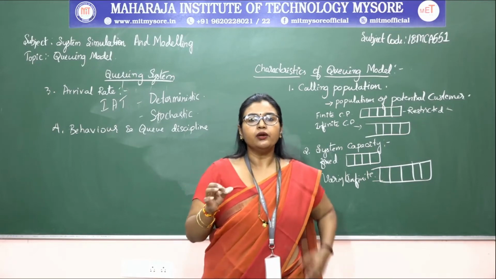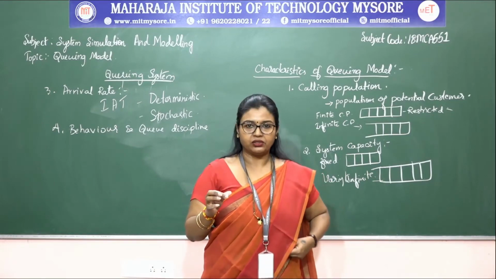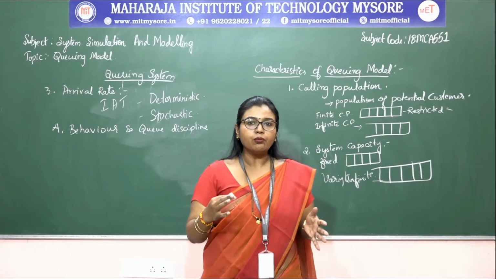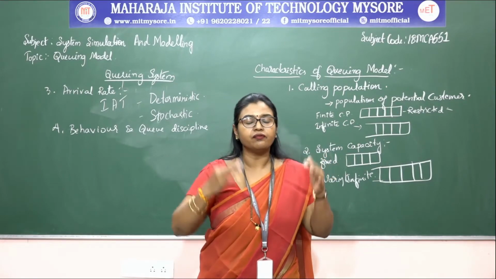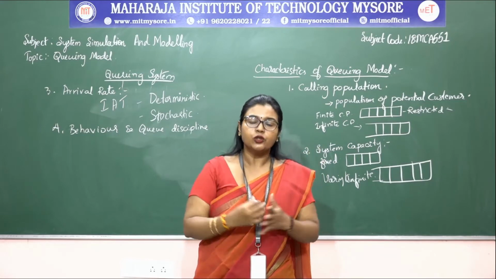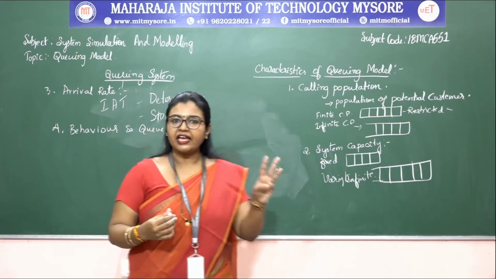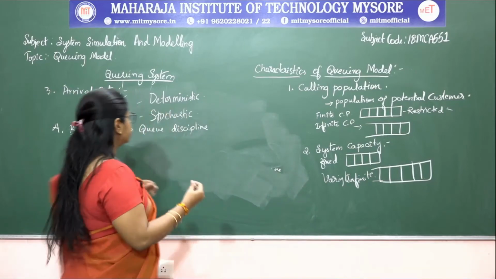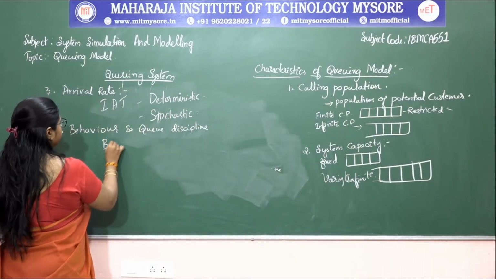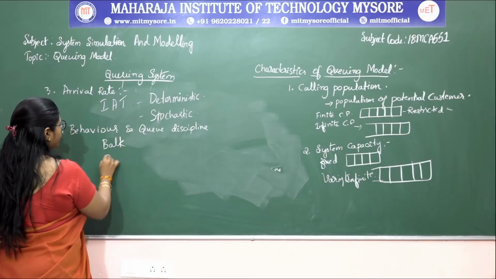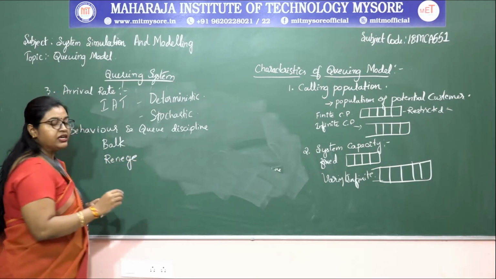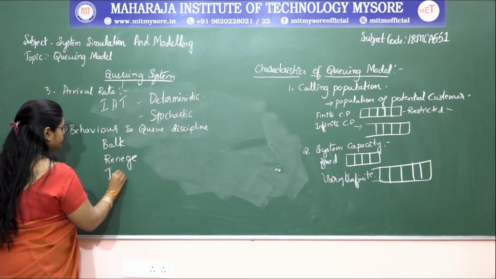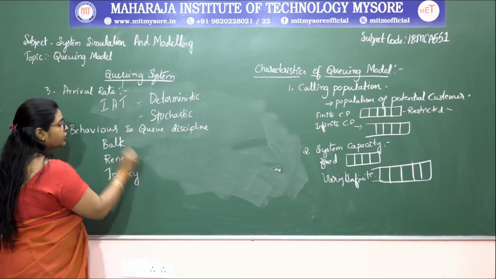Whenever we have a queue, that is a waiting line, what is the behavior of that particular customer we are going to discuss. So here there are three types of behaviors. That is balk, bawl or renege, or another one is jockey.